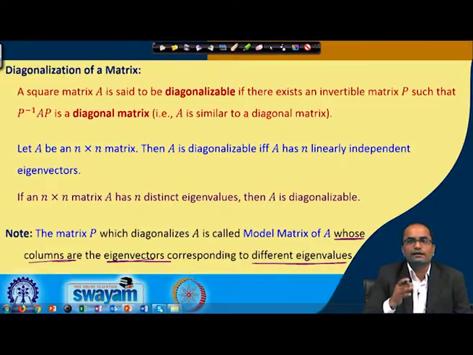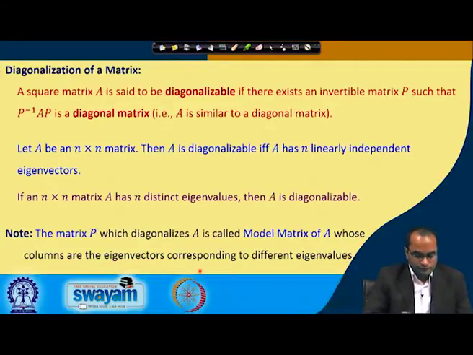So, if we have n linearly independent eigenvectors, we just place them in this matrix P as the columns. When we check P inverse A P, that will be nothing but the diagonal matrix, and the entries of this diagonal matrix will be just the eigenvalues corresponding to these eigenvectors we have placed in sequence as columns of the matrix P.